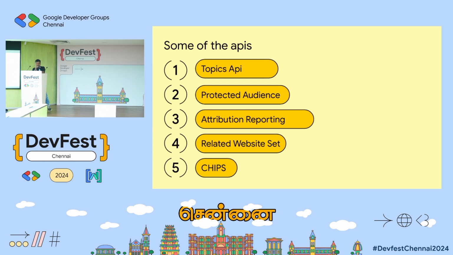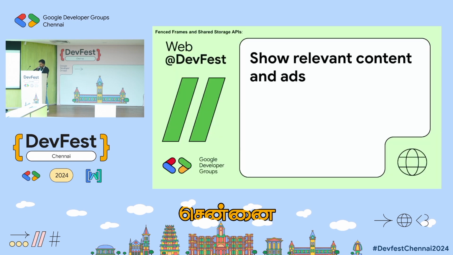So these are some of the APIs. There are several other APIs as well, but I'm just giving you the names: the Topics API, Protected Audience API, Attribution Reporting API, Related Website Sets, and CHIPS.